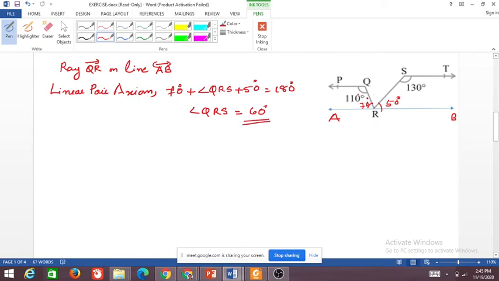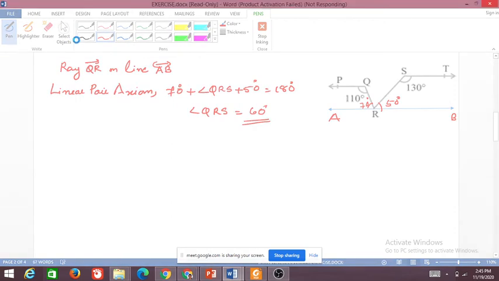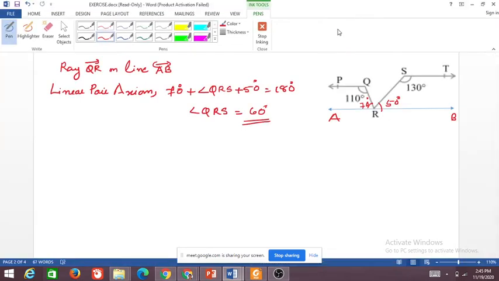Now Harika, you were telling me about something else, some other method. Can you try that? Ma'am, not another method, ma'am. Linear pair axiom itself. Okay, then let me tell you another method. So you just find out this angle, either one of this linear pair.